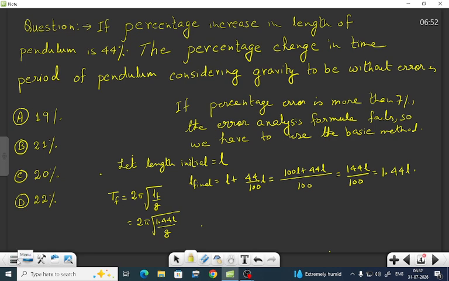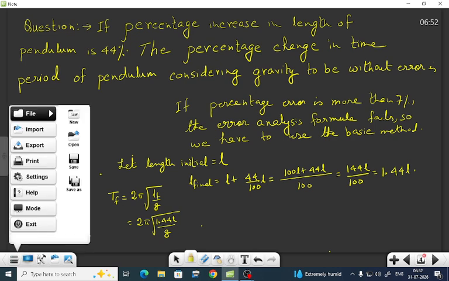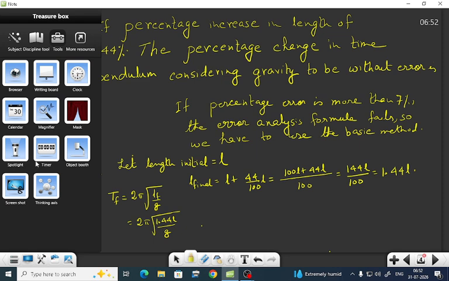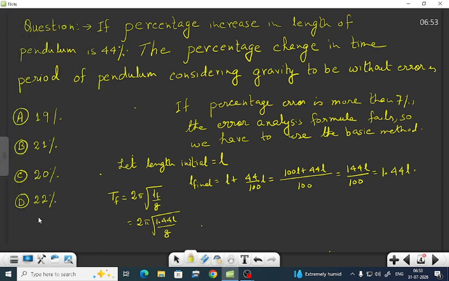We can use the calculator here. The square root of 1.44 is 1.2, right?